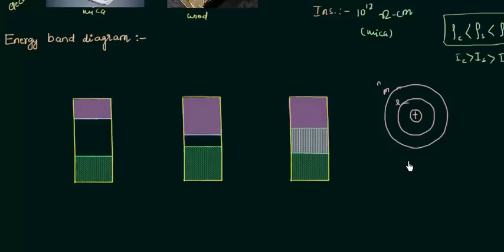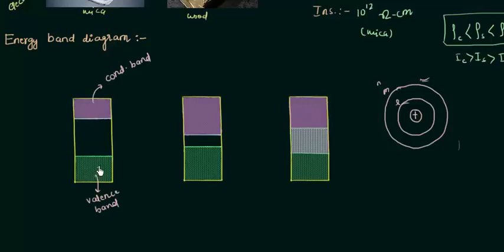So what will be the change because of the neighboring atoms that we have to see. This outermost orbit will now split into the valence band and the conduction band. This one is the valence band, and this one is the conduction band. So we have a split outermost orbit, and the electron present in the conduction band will participate in the conduction.